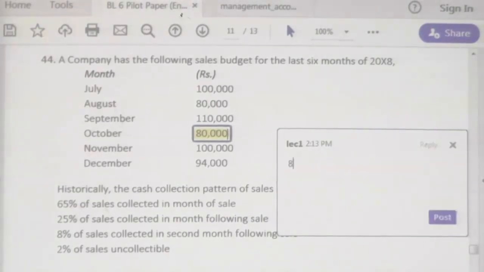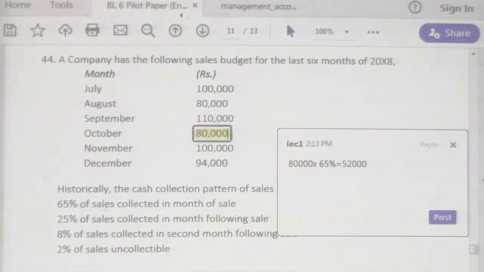Therefore, 80,000 into 65% can be collected in October. That is 80,000 into 65%. Answer will be 52,000. Right.